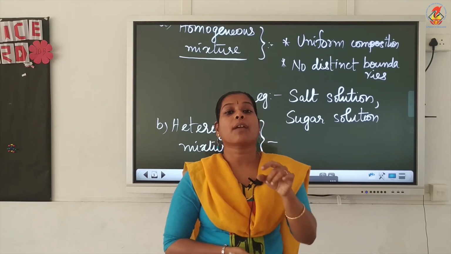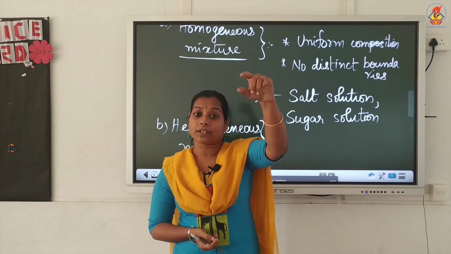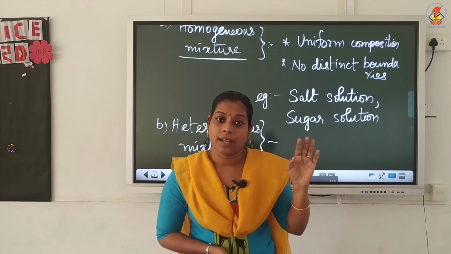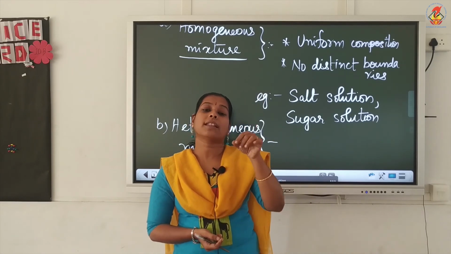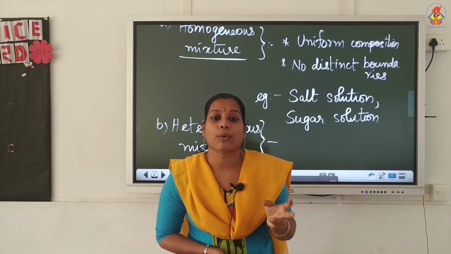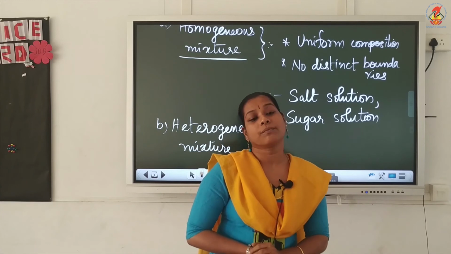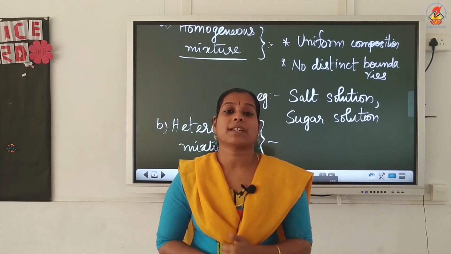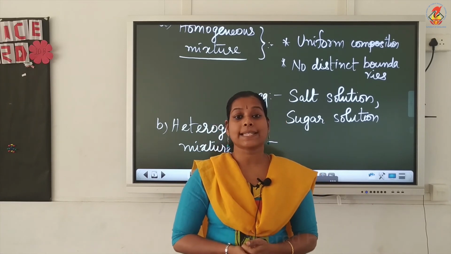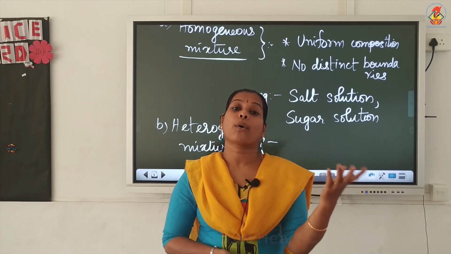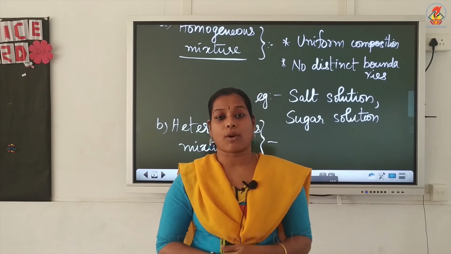If you take one drop of that mixture from the top, you will get only water. But from the bottom you will get both water and soil. So the composition will be different for this type of mixture. Such a mixture is known as a heterogeneous mixture. Another example is oil in water.